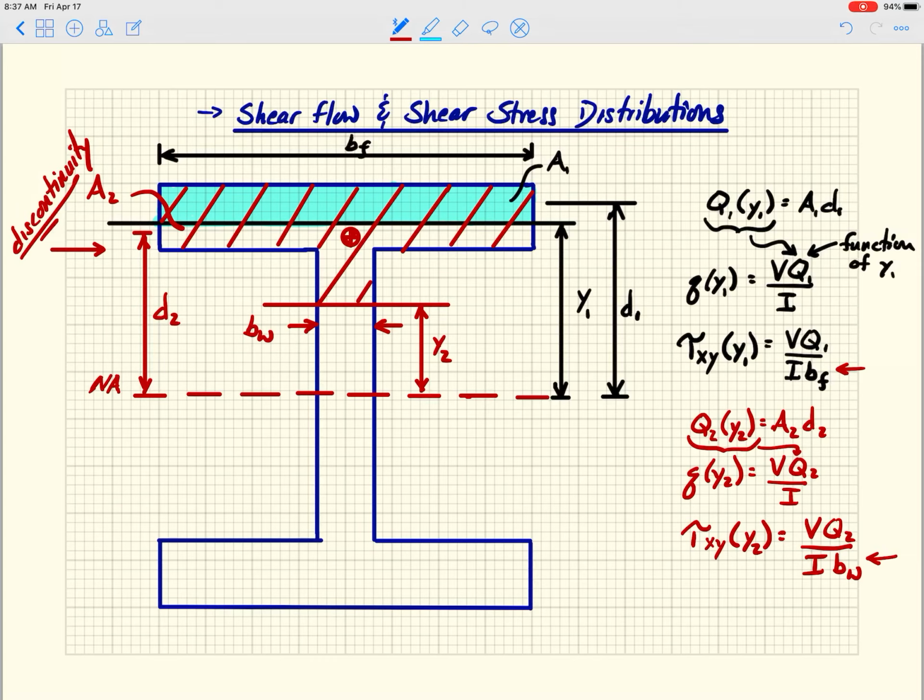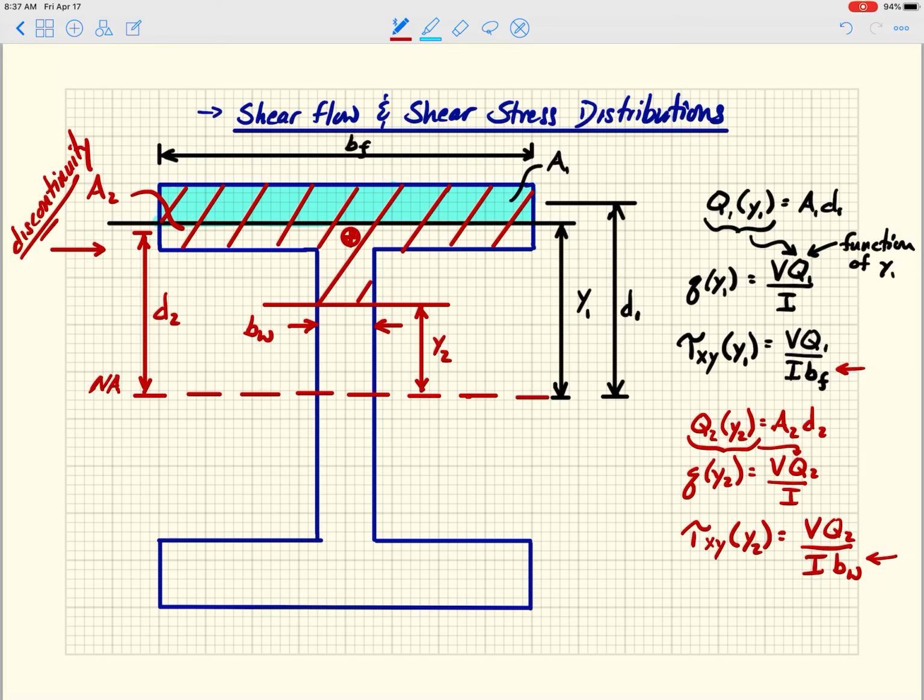So I would expect a significant jump in my shear stress as I go from the flange to the web, right? The way you can think about that is there's less material to take the shear flow. Instead of dividing by this huge width, now I'm dividing by a small width, and I'm going to get a big jump.